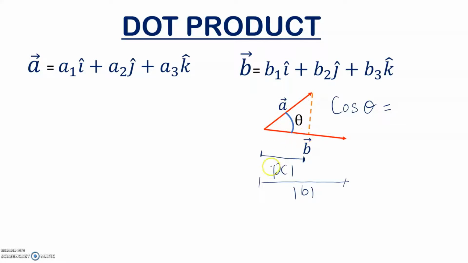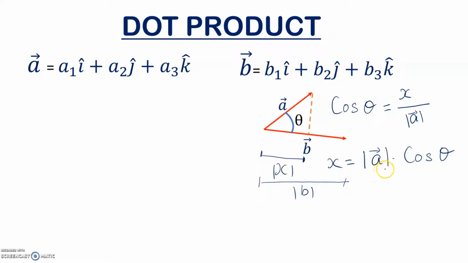The adjacent side is X, over the hypotenuse, which is magnitude of A. So we can now say X is equal to magnitude of A into cos theta.